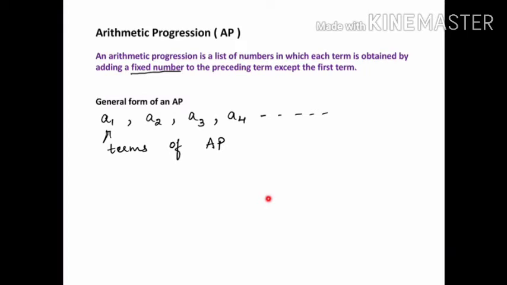Now to write down an AP, what is the minimum information required? We know that the next number of the AP is obtained by adding a fixed number to the preceding term. So obviously we need the first term of the AP.